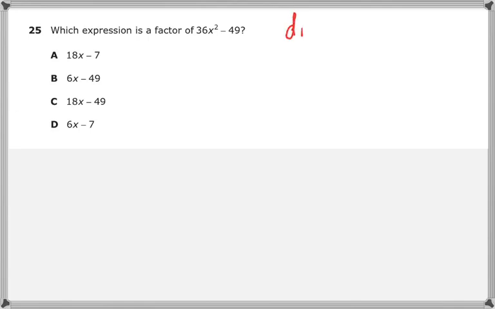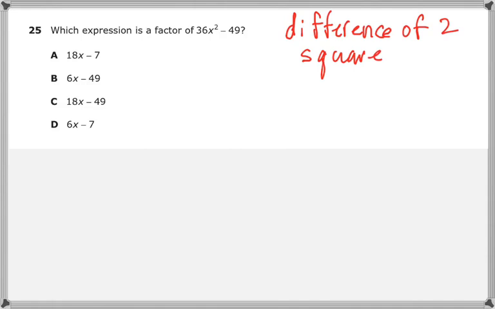Difference means subtraction. Difference of two squares. In the general case, we have a difference of two squares. We write it as a squared minus b squared.